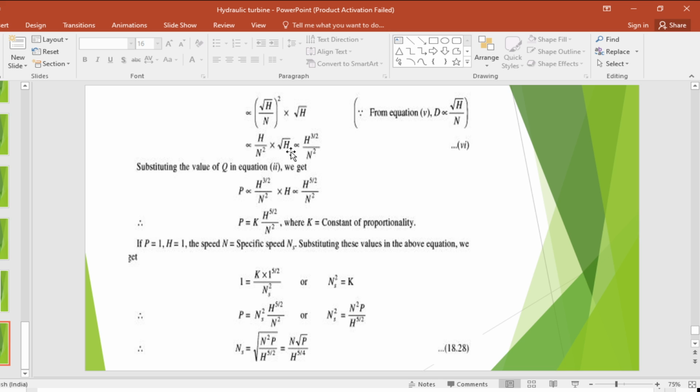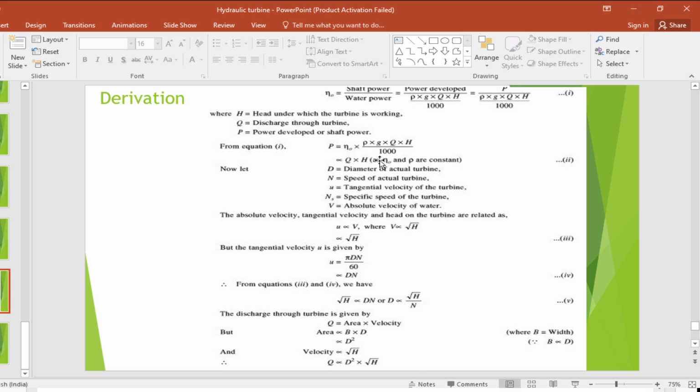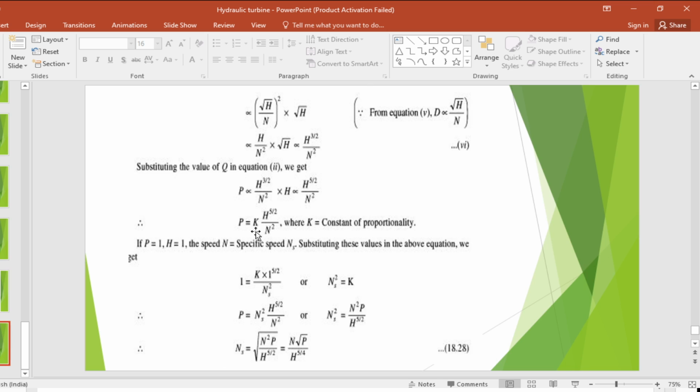Substitute these values in the equation of power. You will get the power as K into H raised to 5 by 2 divided by N square. Here K is nothing but the constant of proportionality. We have removed the proportionality sign.